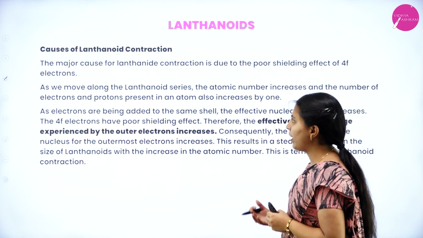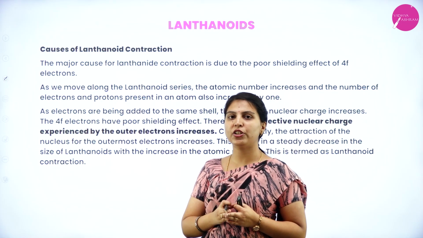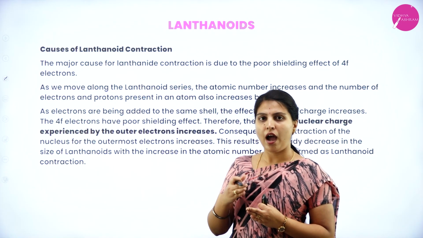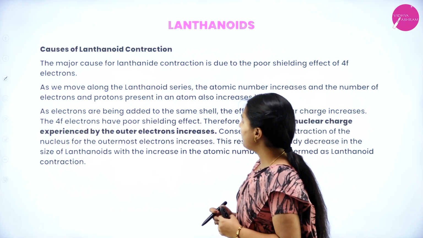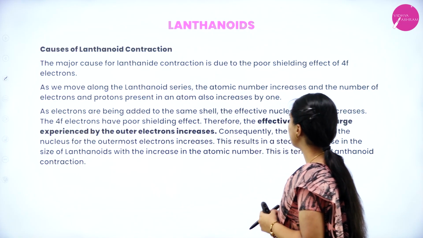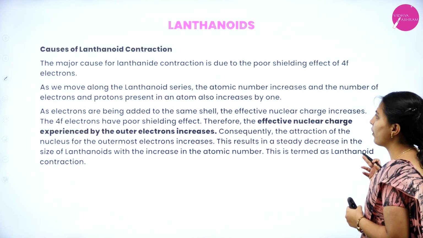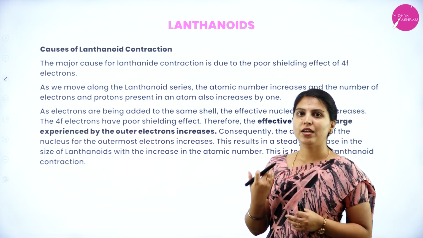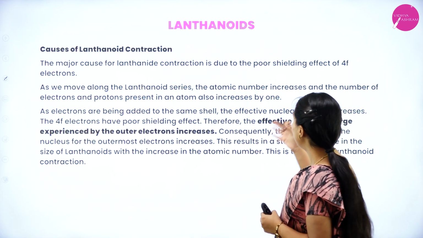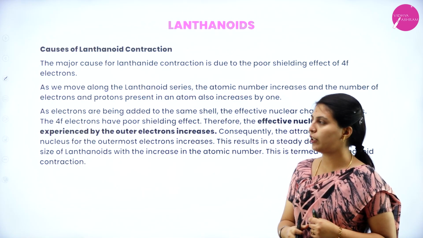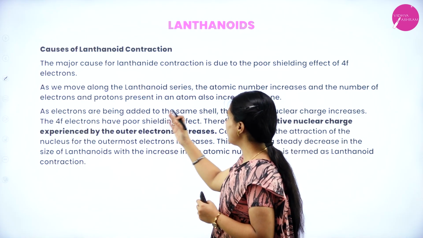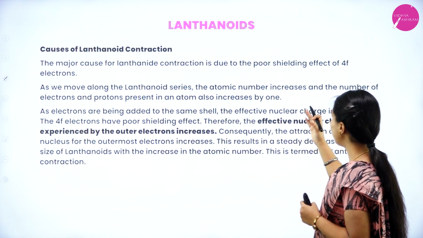Next, causes of lanthanoid contraction. Why does this contraction happen even though the atomic number is increasing? The major cause is the poor shielding effect of 4f electrons. You know about the shielding effect, but here the poor shielding effect is presented by 4f electrons. As we move along the lanthanoid series, the atomic number increases.